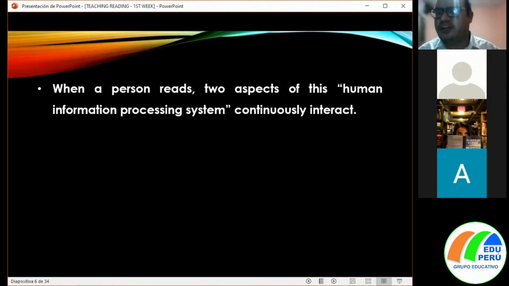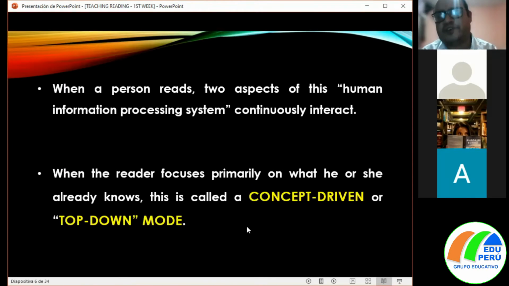Okay, don't worry, don't be afraid. So let's see. When the reader focuses primarily on what he or she already knows, this is called a concept-driven or top-down mode. Notice here, the reader focuses primarily on what he or she already knows. Focus on the prior knowledge or the background knowledge.